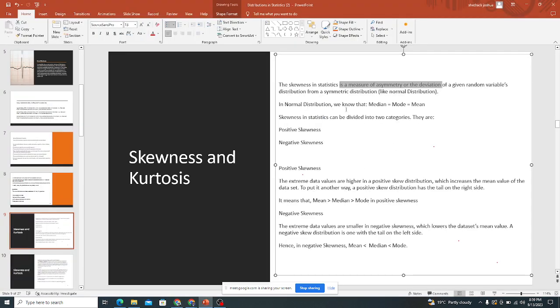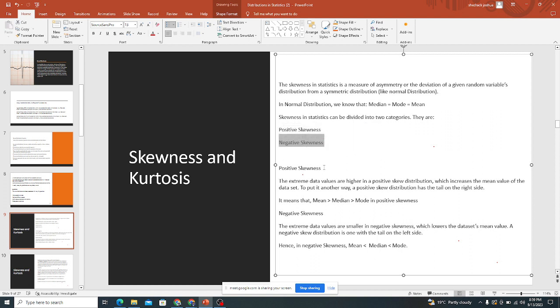In a normal distribution, we know that the mean, median and mode are equal, that is for a standard normal distribution. But when it comes to skewed data, this won't apply, because the mean won't be equal to the mode. Skewness in statistics is divided into two categories: positive skewness and negative skewness.